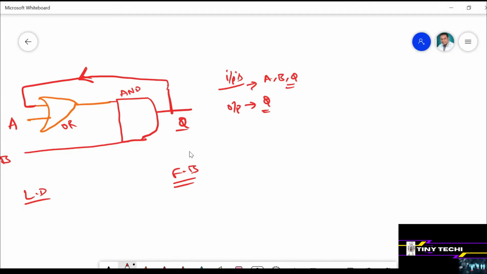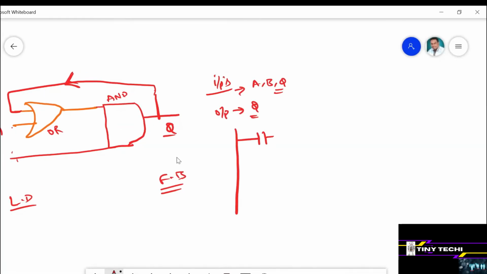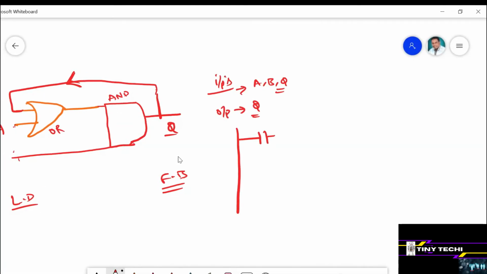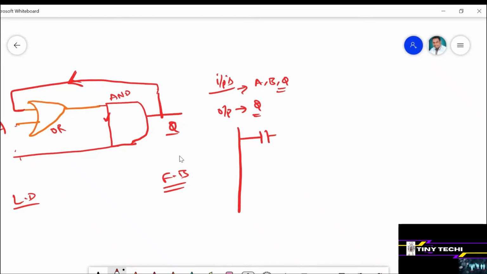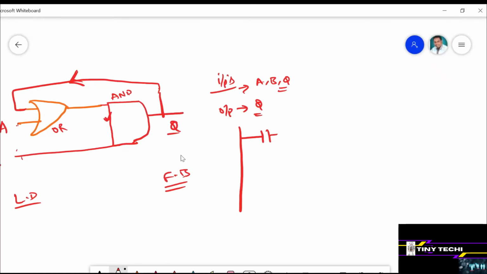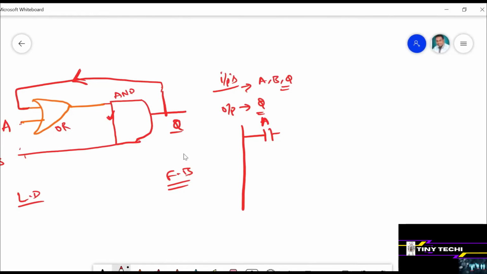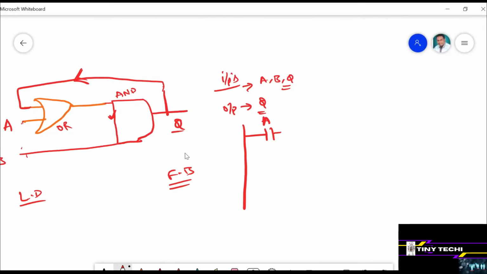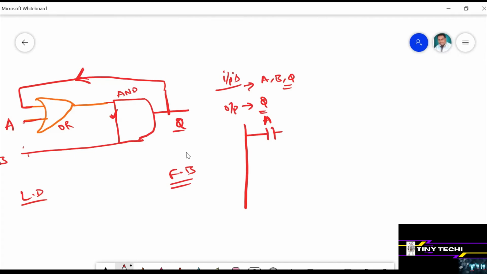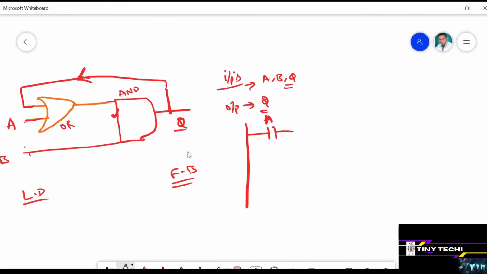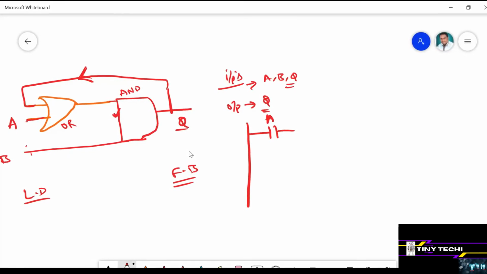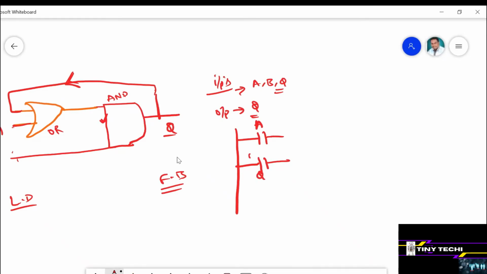So how can we implement this in PLC ladder logic? First we implement this OR gate. OR gate input A is 1 and the other input for the OR gate is Q, where Q is the output.